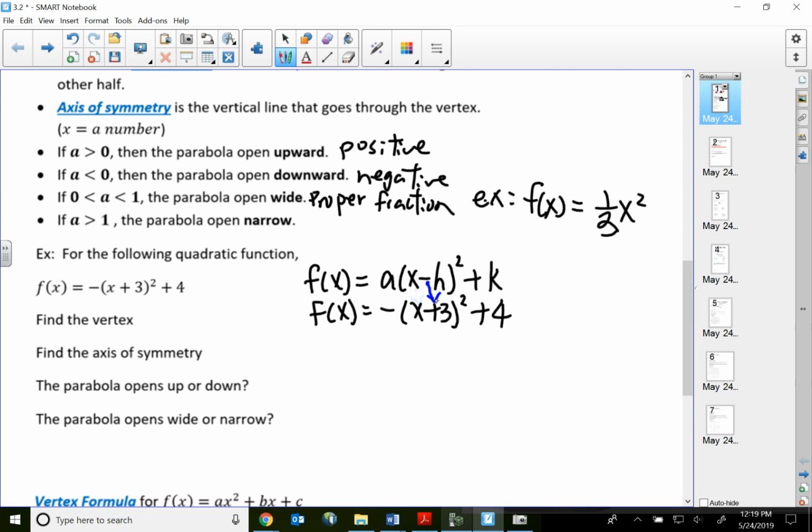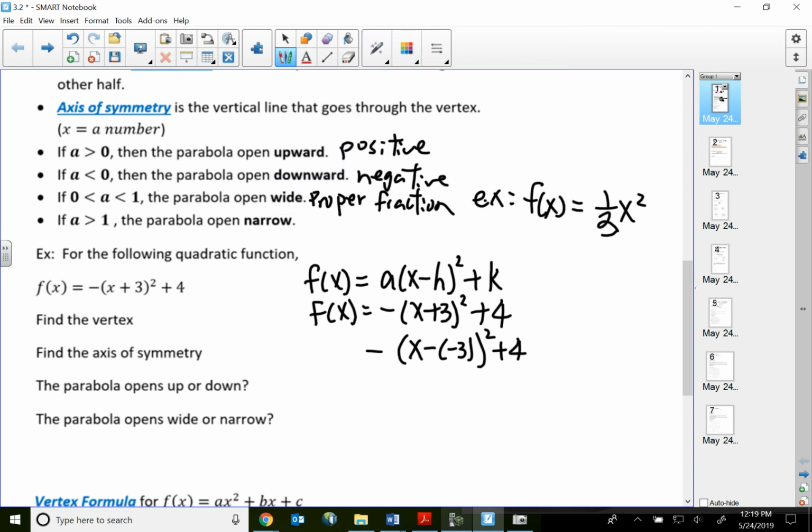So that doesn't match. For the subtraction sign to match in my problem, it has to be x minus -3 whole thing squared plus 4. Okay, right? Because minus times -3 is why it becomes +3 here.